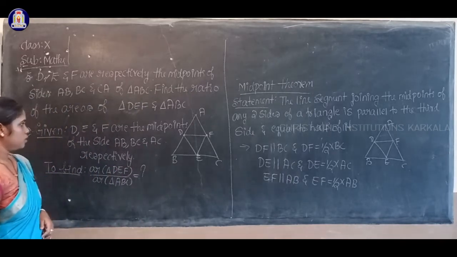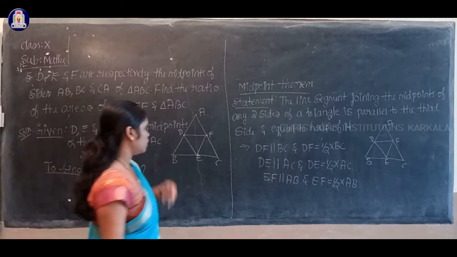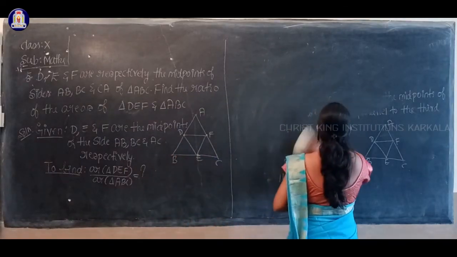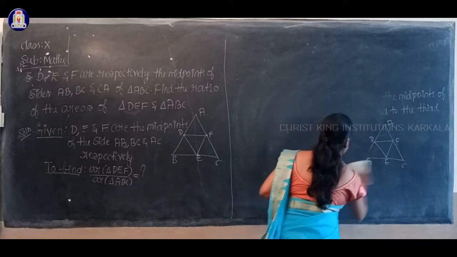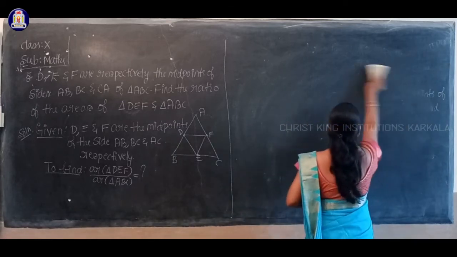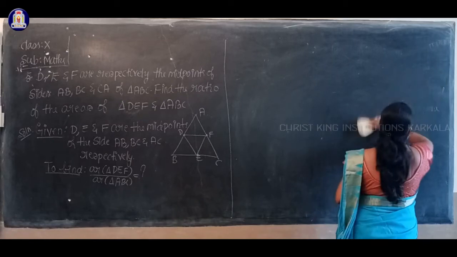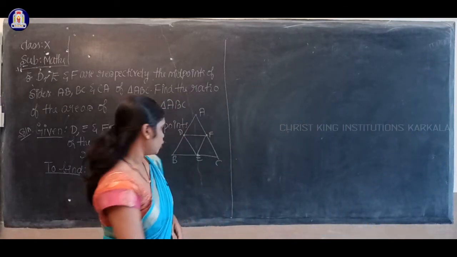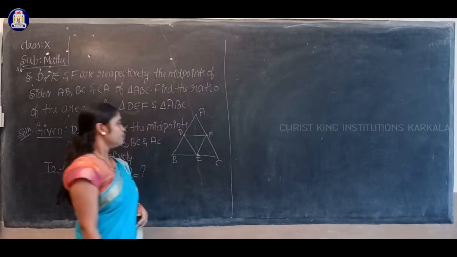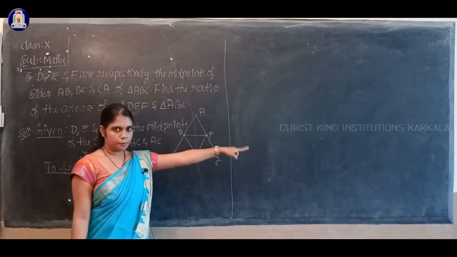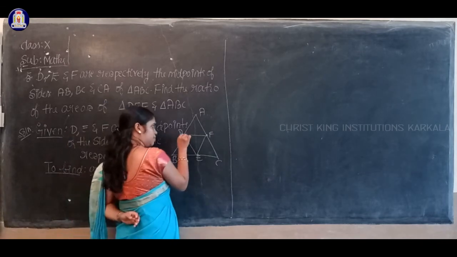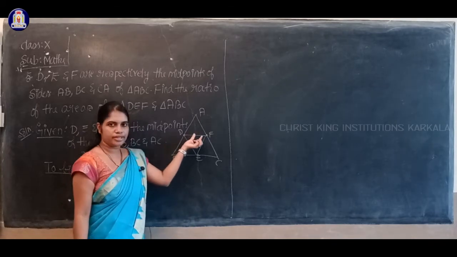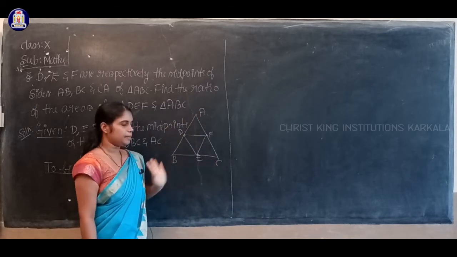Now I'll do the solution part. From the midpoint theorem, again I'll write the length of DF. Here DF is the line segment which joins the two midpoints of the sides AB and AC.